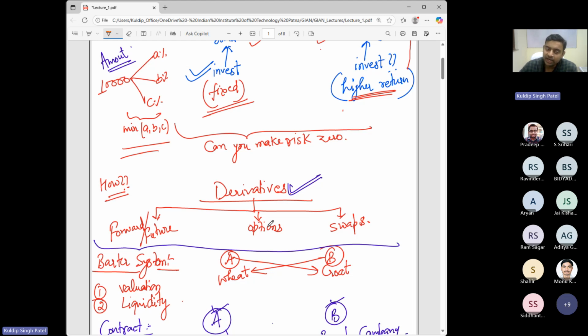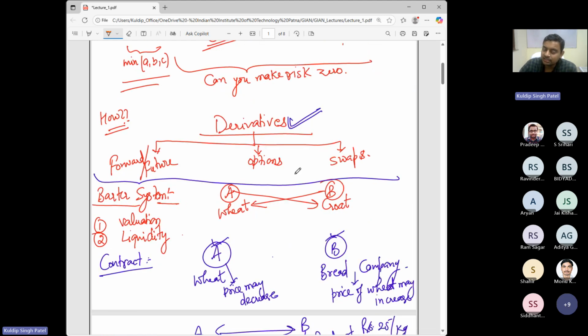Now the idea is we are trying to understand the derivatives. So we started from the barter system, very basic. We saw that yes, there are challenges. All of you agree with me that someone is saying my asset is costlier than yours, so then there will not be any exchange and there will be a problem, and liquidity might also be an issue.